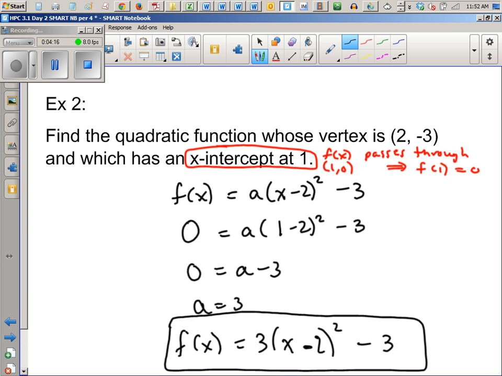Very similar to the last problem, I just switched things up a little bit. And then the next problem is a little more cryptic, so it takes a few extra steps. Everyone got example 2 there?